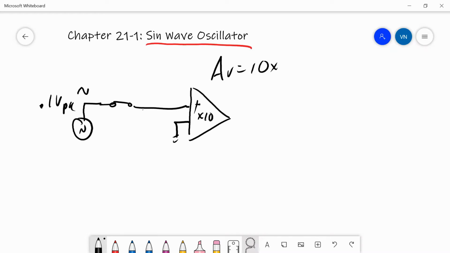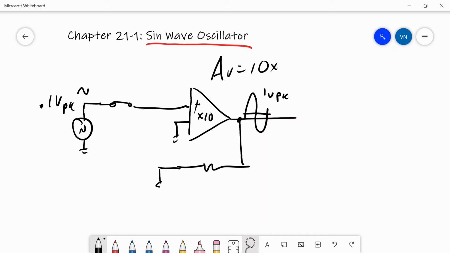So I put a little 0.1 volt signal there, it'll get amplified 10 times, and what comes out of here is a larger sine wave with a 1 volt peak. If I tap that off on a feedback path here, and I reduce that down to 1/10, let's say with a 9K and a 1K, then this point will also be 0.1 volts peak and in phase with what came out, which is in phase with what came in.